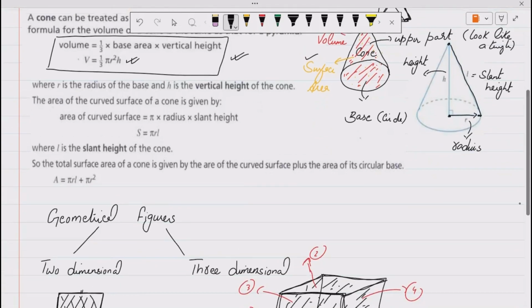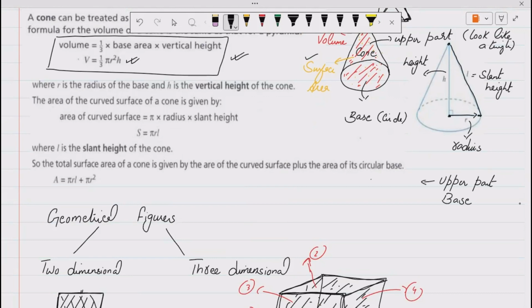And again, the next thing is the surface area, like the boundary of a cone. As you can see, the cone has two parts, right? The upper part and the base, the lower part. The area of a curved surface means this upper part.